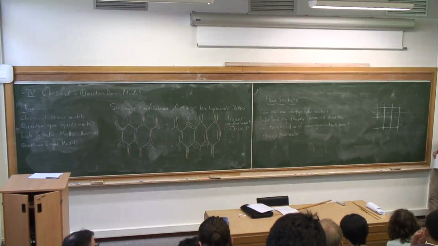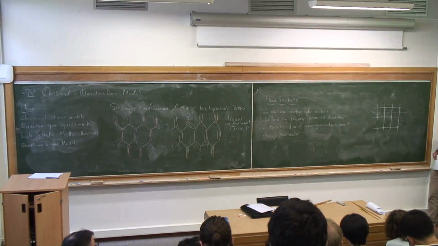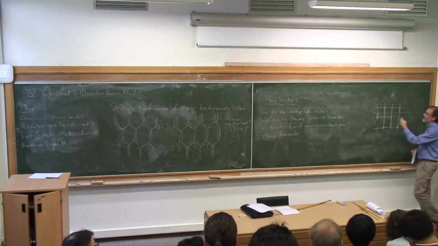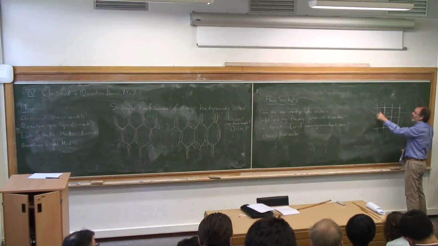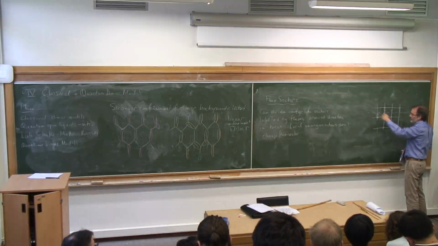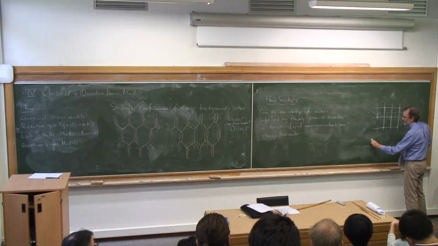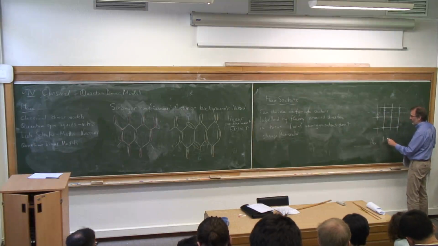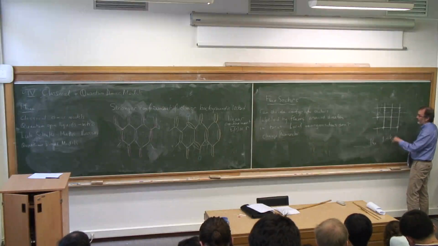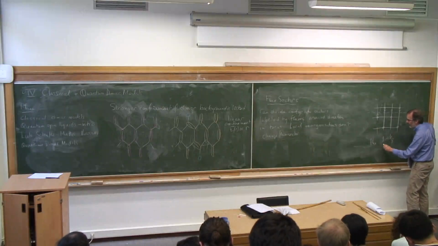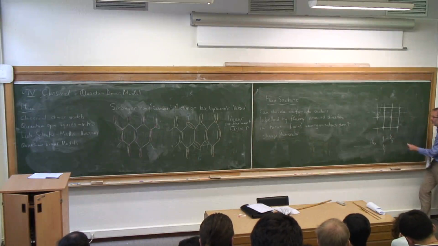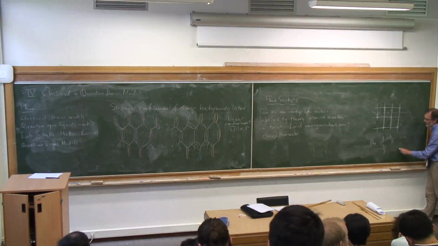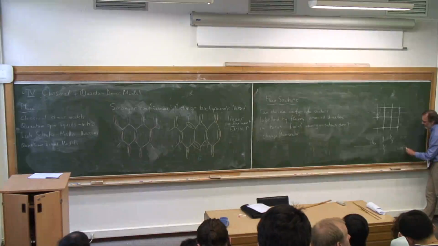So the net flux will be: I had a flux on a bond which was 1 minus 1 over the coordination number, which is here 4, or minus 1 over the coordination number according to whether it's occupied or empty.